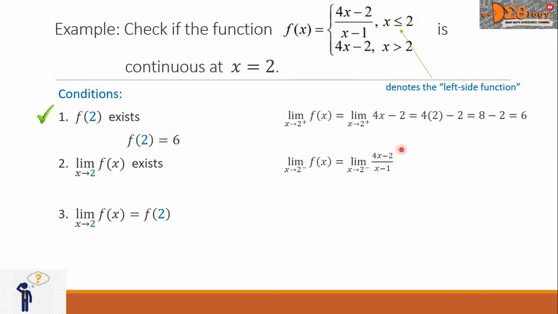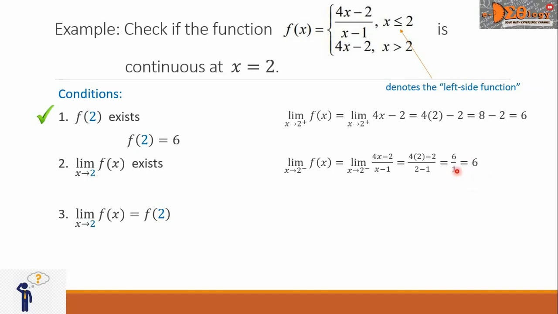Evaluating this limit, we substitute the number 2 to every x in the function. So we have 4 times 2 minus 2 all over 2 minus 1. So we have 6 in the numerator over 1 in the denominator. We simplify this into 6.